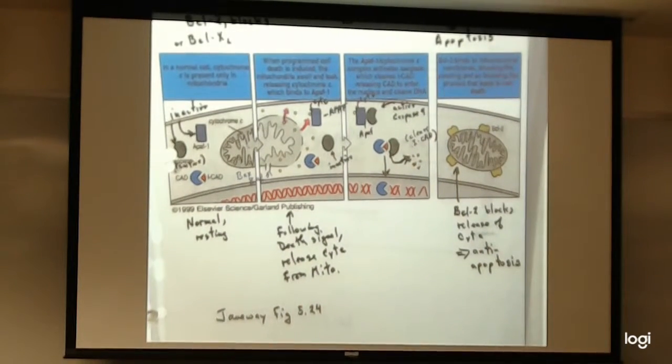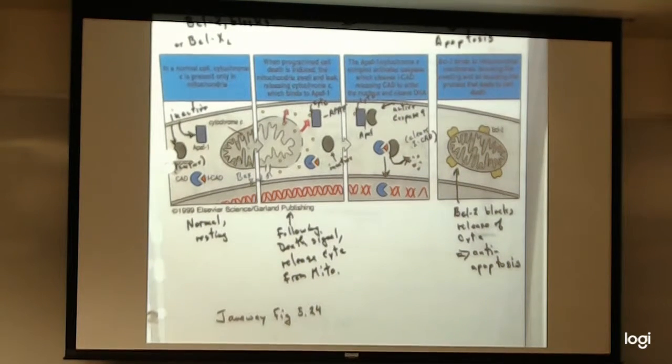So there are two ways we could initiate programmed cell death. From the outside, like maybe using Fas ligand and Fas, and also internally. There are genes that can be expressed in the nucleus that will make proteins that act on mitochondria.